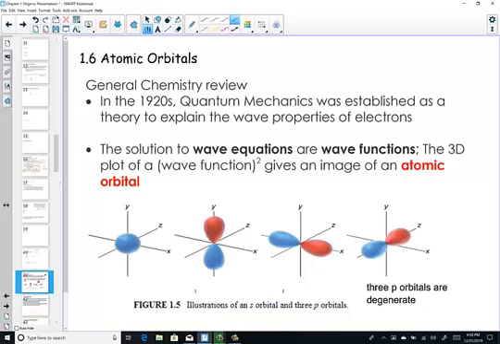The solution to these wave equations gave us wave functions, and these functions, which were psi squared, give us these images of atomic orbitals.